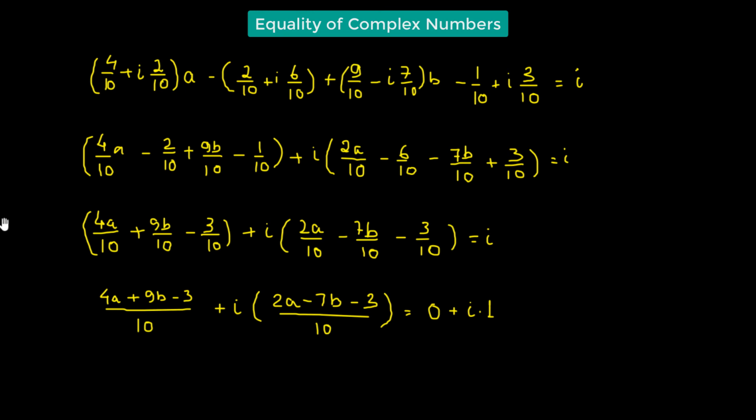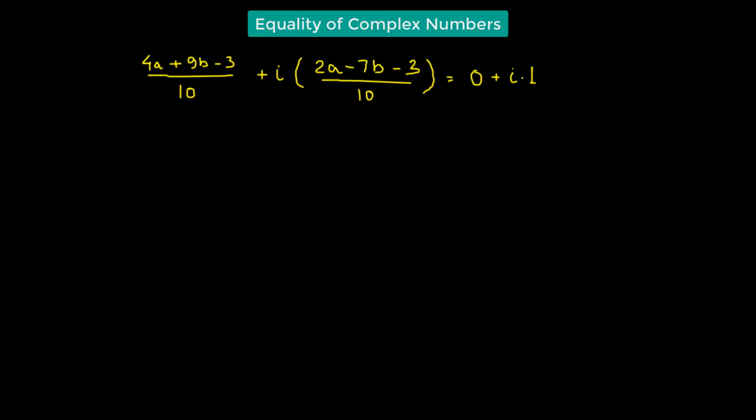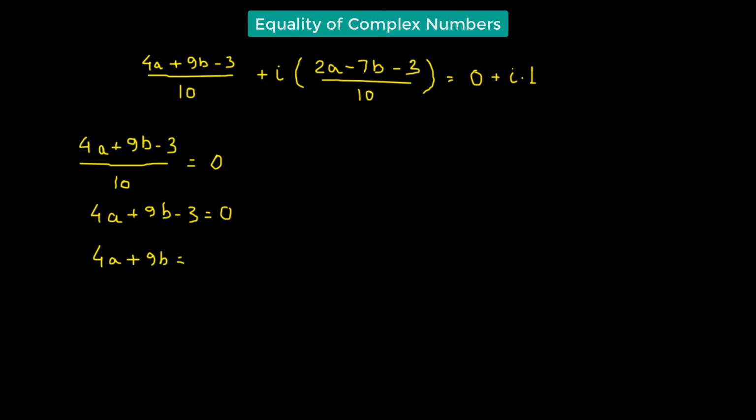Now we're going to compare the real part with the imaginary part. So that should give us the real part, which is 4A plus 9B minus 3 divided by 10 is equal to 0. So we have 4A plus 9B minus 3 is equal to 0, and that gives us 4A plus 9B equals 3.